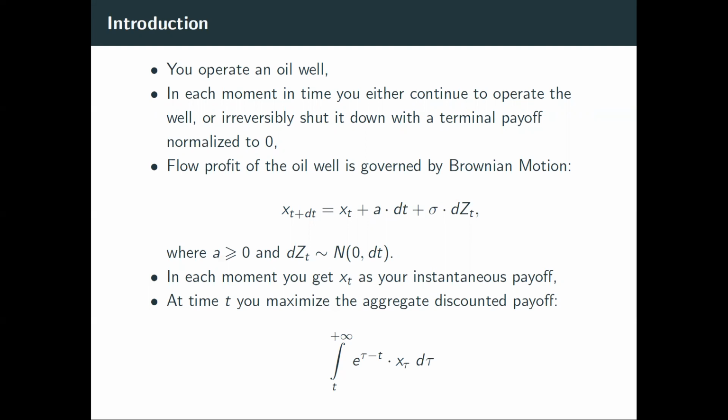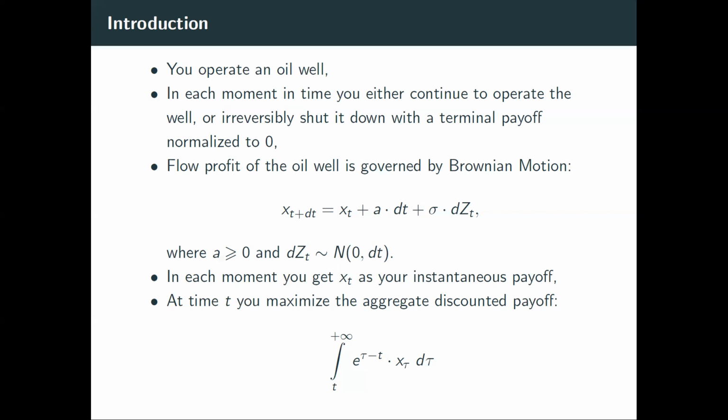You either continue digging oil, which is costless, you do not have to pay anything to continue digging, or you decide to shut down the oil well. But the thing is, when you decide to shut down the oil well, you cannot bring it back. That is, you cannot re-enter the market at some point afterwards. That is, you have an irreversible decision whether to stop digging oil.